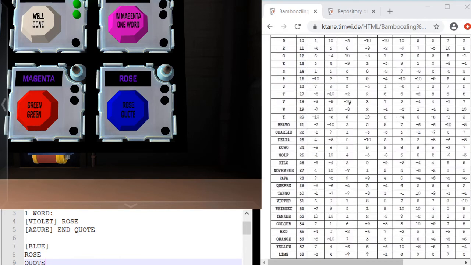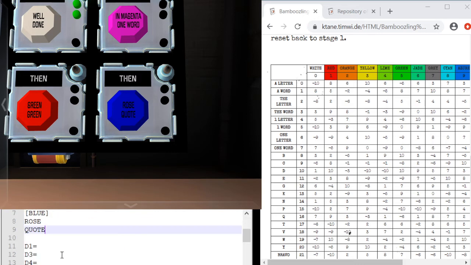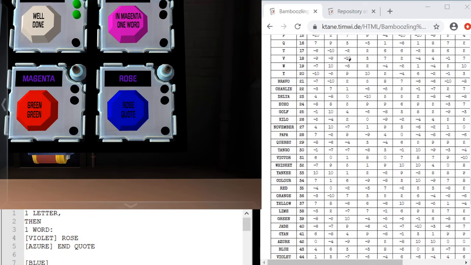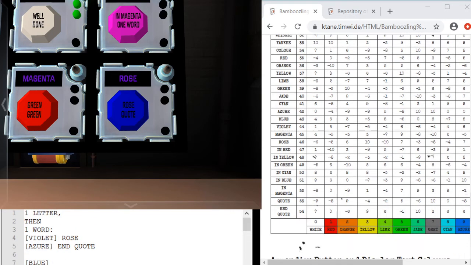So let's grab all these values again. One letter is 4. One word is 5. Rose is 46. And end quote is 54. That's large. It's actually the largest.